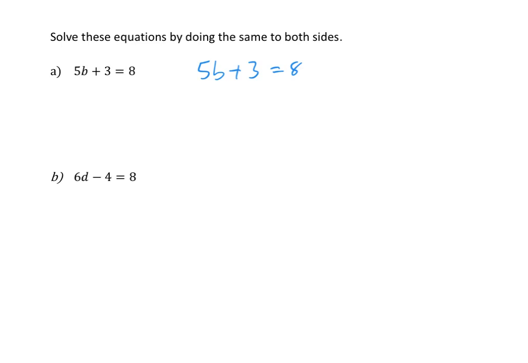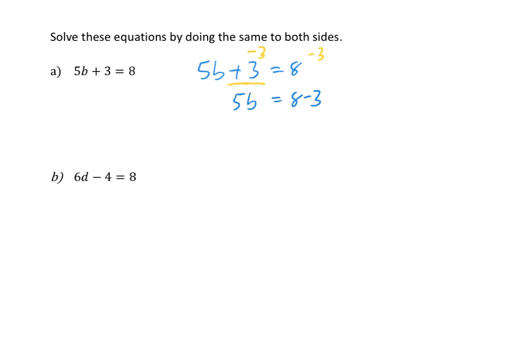The first one I want to remove is my plus 3. To remove plus 3, I need to do the opposite, which is to minus 3. And what I do to the left-hand side, I also need to do to the right-hand side. So my equation then becomes 5b is equal to 8 minus 3.